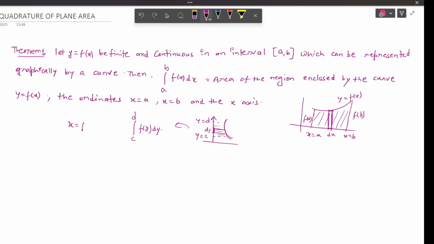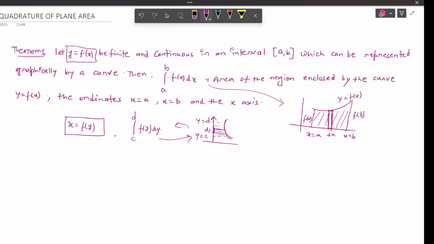Here the function is y equals f of x. Here the function is x equals f of y. So we can say it is y dx in this format, and x dy in this format.